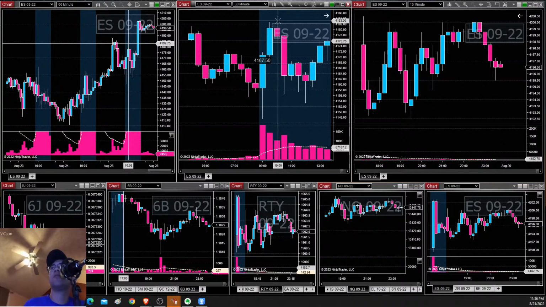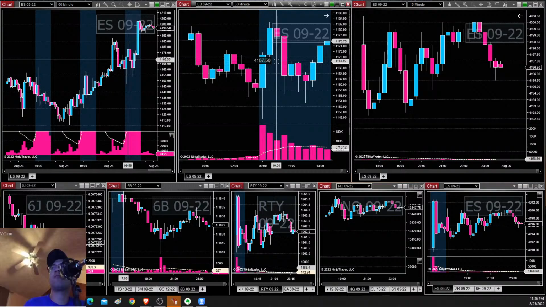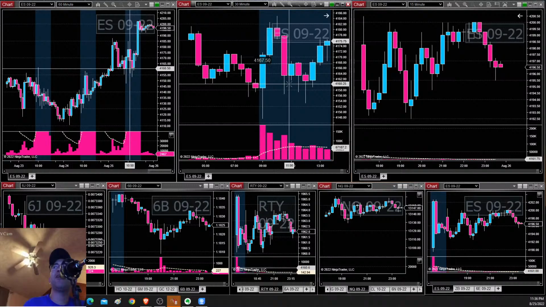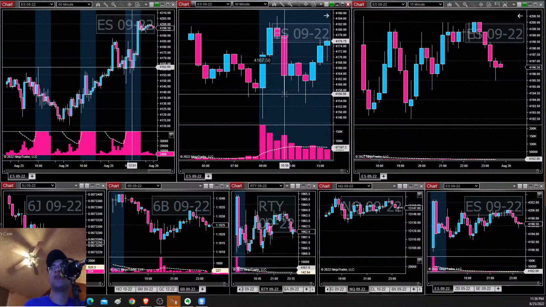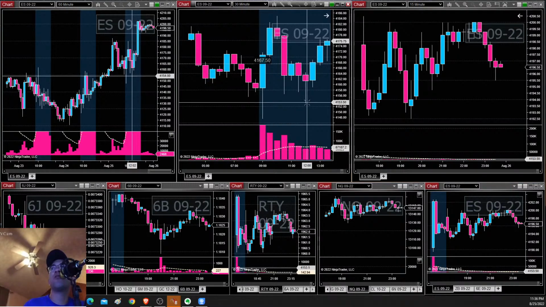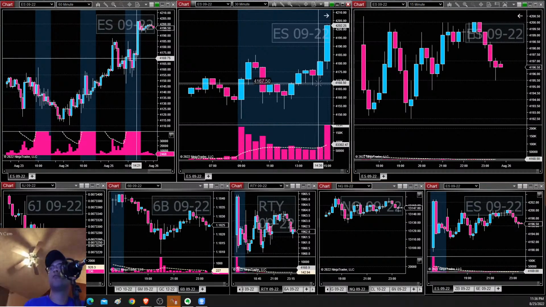But we reverse, came back down, complete this broadening formation because this is a range. Took out the high, took out the low, weren't able to continue to complete this bigger broadening formation. But we still completed a broadening formation, right? So that's always the goal of what we're trying to do. Complete these bad boys. We got another broadening formation right here. And we did complete that one.